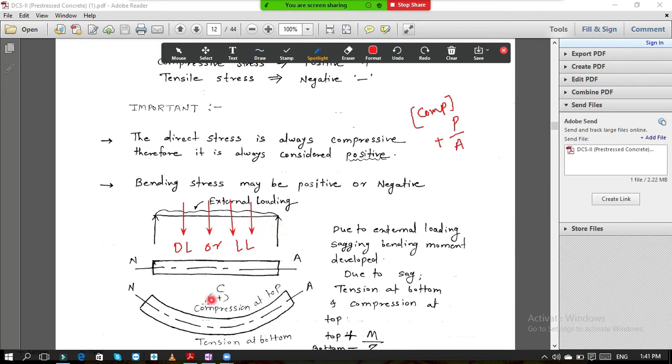Initially when load is not applied on this beam, this is your beam and this is the position of the neutral axis which is shown over here. But as soon as you apply the load, dead load or live load, this beam will bend in this fashion. The fibers above the neutral axis are subjected to compression and the fibers below the neutral axis are subjected to tension. So plus sign is at the top and at the bottom the negative sign is there.